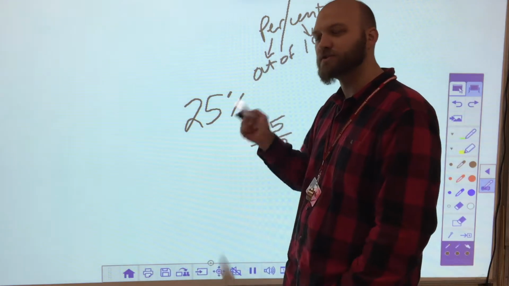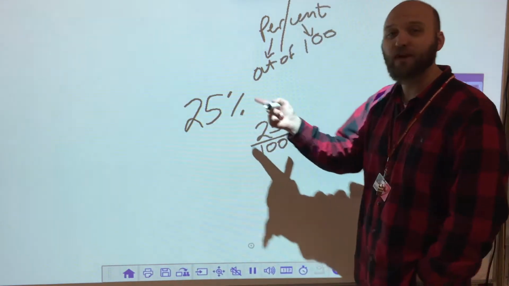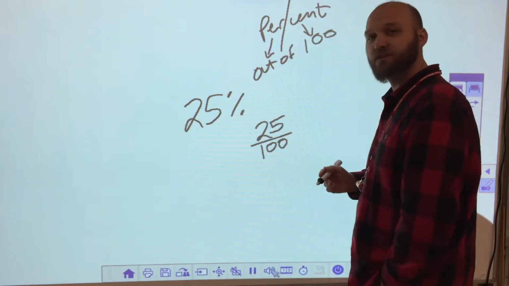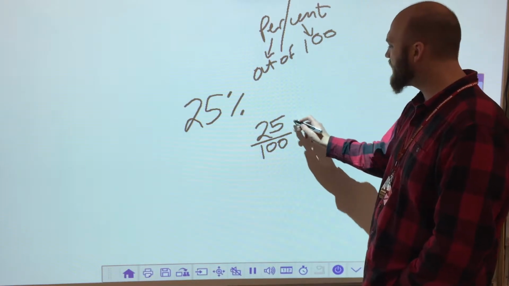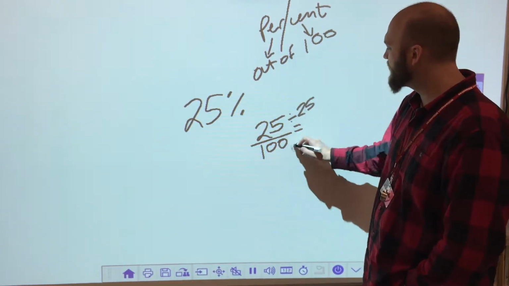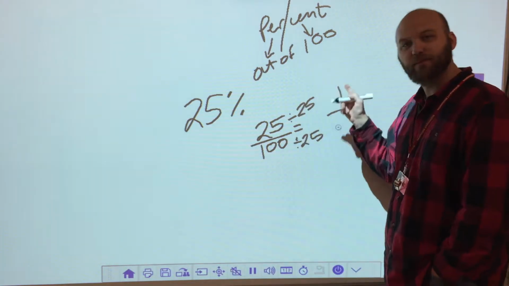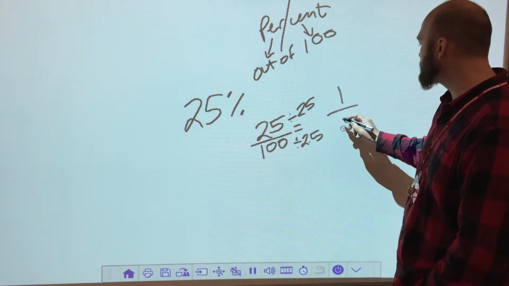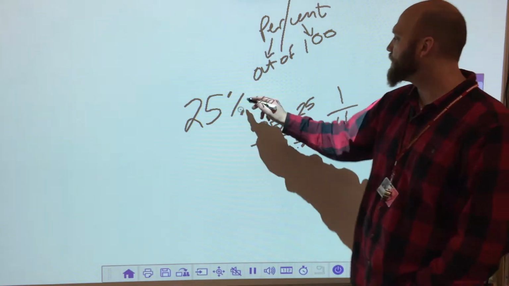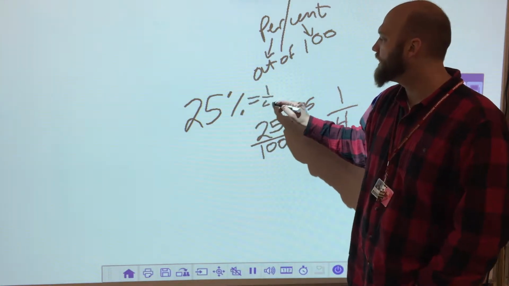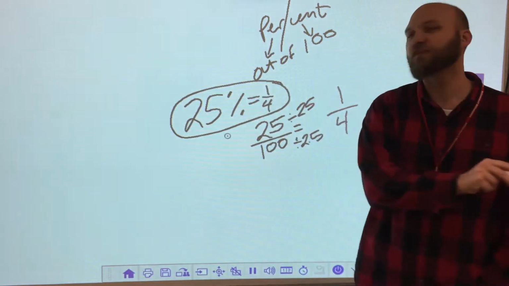I write my fraction, percent becomes my fraction of 100. From there I can simplify. Divide by 25, and divide by 25, and 25 divided by 25 is 1, 100 divided by 25 is 4. My 25% equals 1/4 as a fraction.